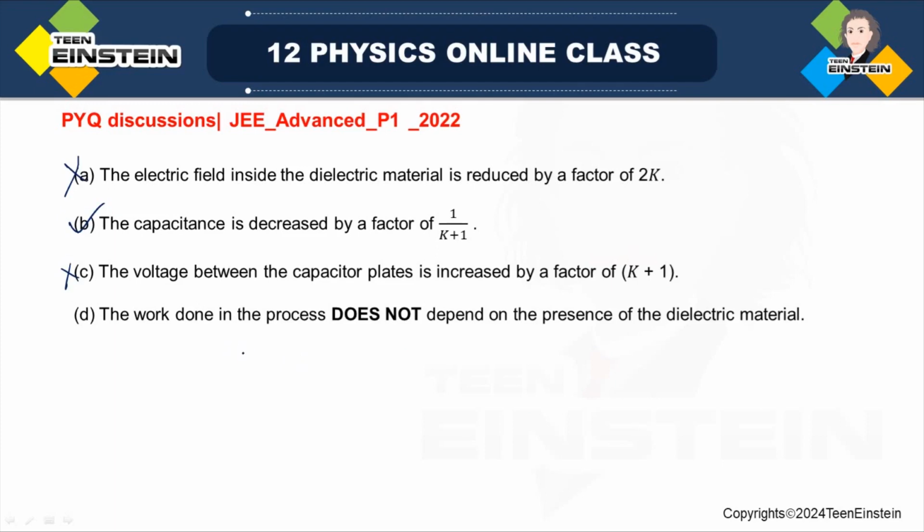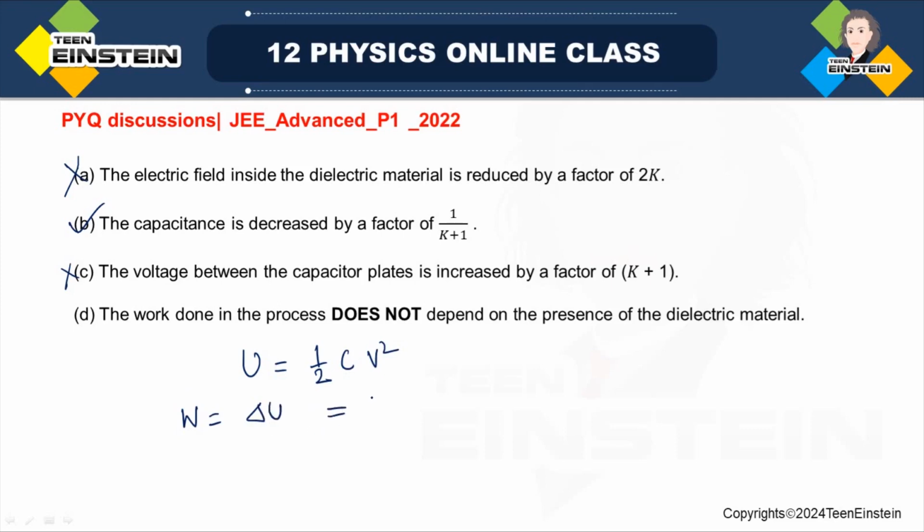We know the potential energy stored by a capacitor of capacitance C, when the capacitor has potential difference V across its plates, is half C V square, right? And work done is nothing but the change in the potential energy.